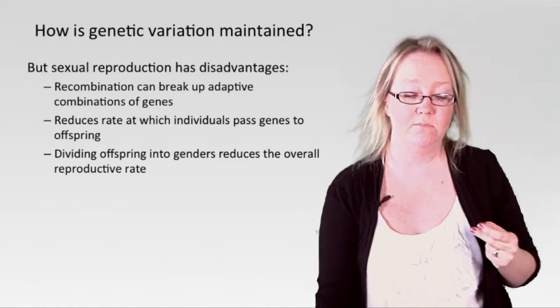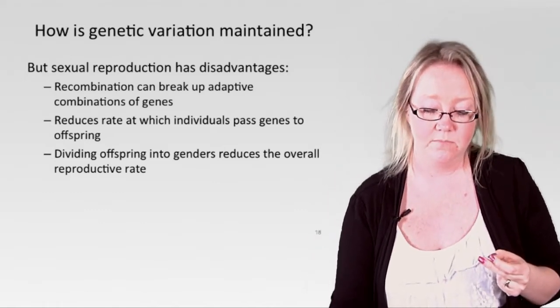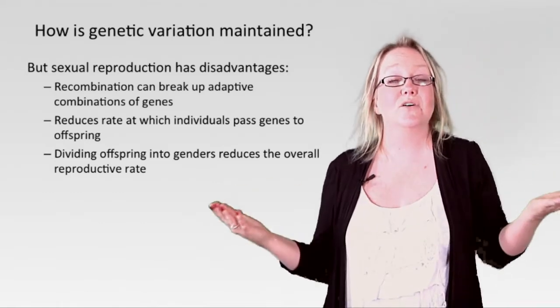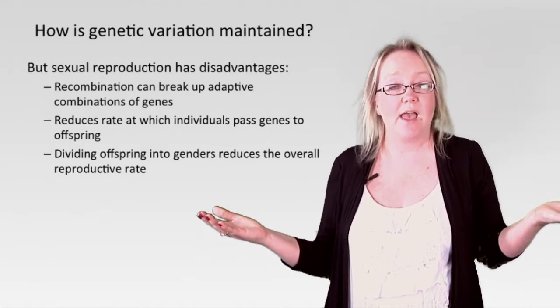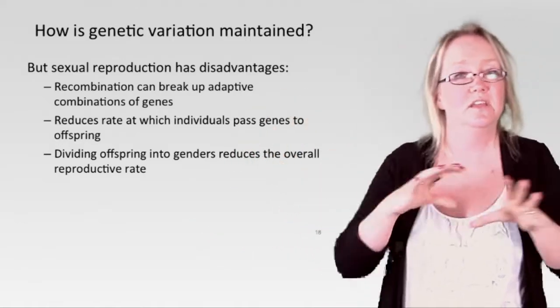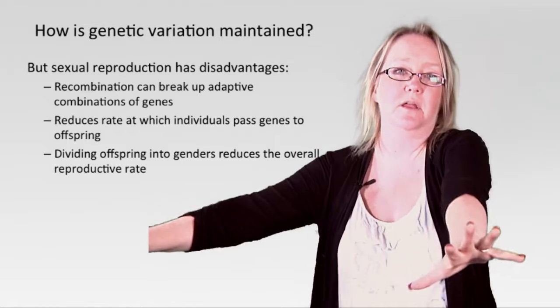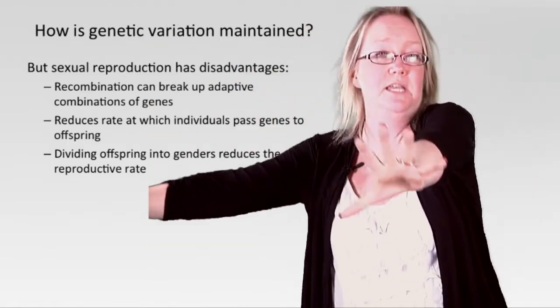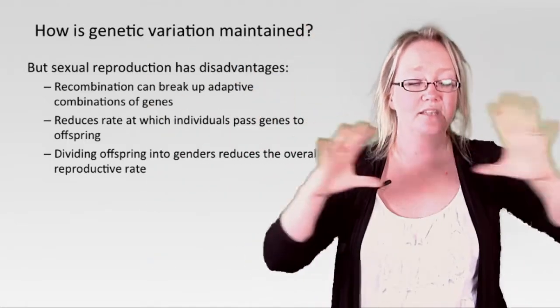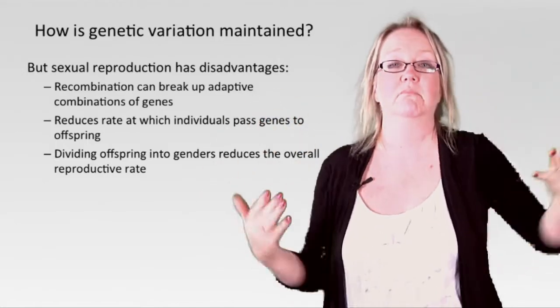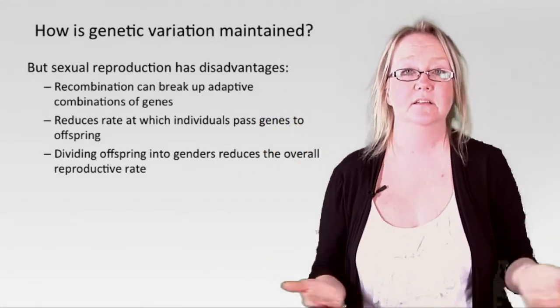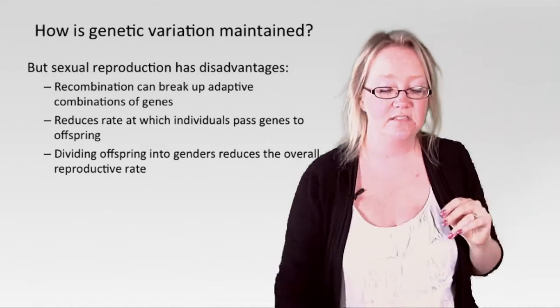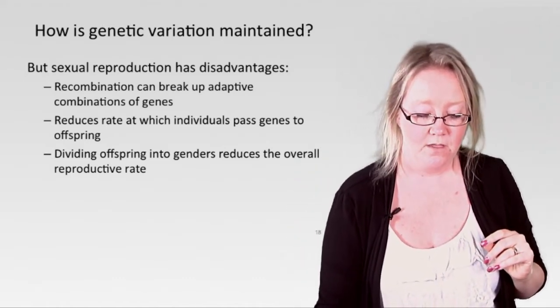That might be a problem for adaptation. Individuals also only get to pass half their genes. When you're asexual reproduction, you pass your entire genes to your offspring. So everything that your offspring is, is you. Sexual reproduction, we only get to pass half. Okay? We've cut it in half. That's a huge reduction.